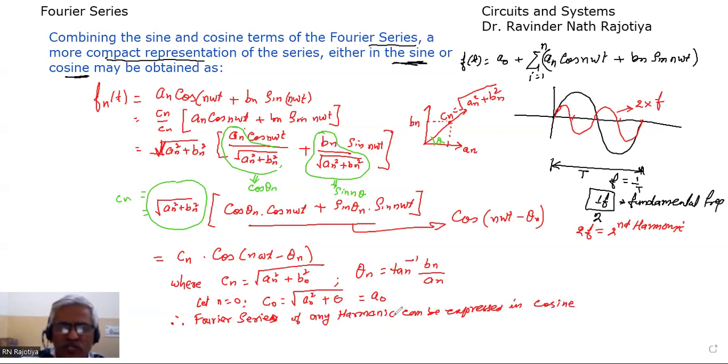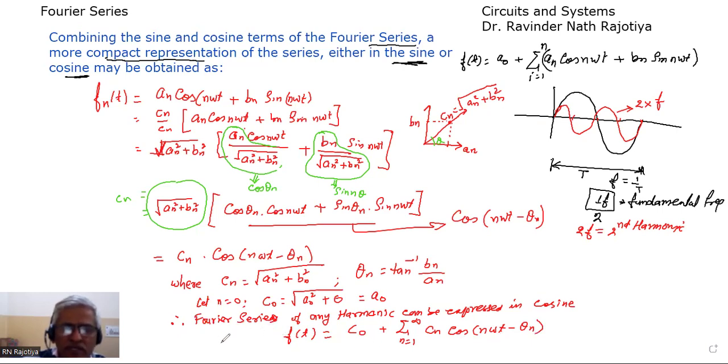If you talk in the cosine form, because a0 is nothing but c0, I can put this value a0 as c0 in this equation, and the equation will become f of t is equal to c0 plus summation of n is equal to 1 to infinity of Cn into cos of (n omega t minus theta n).